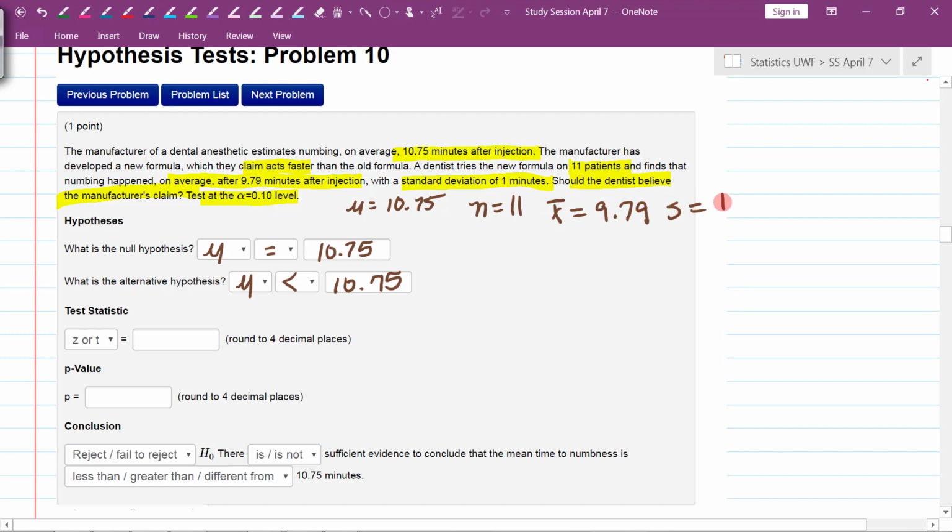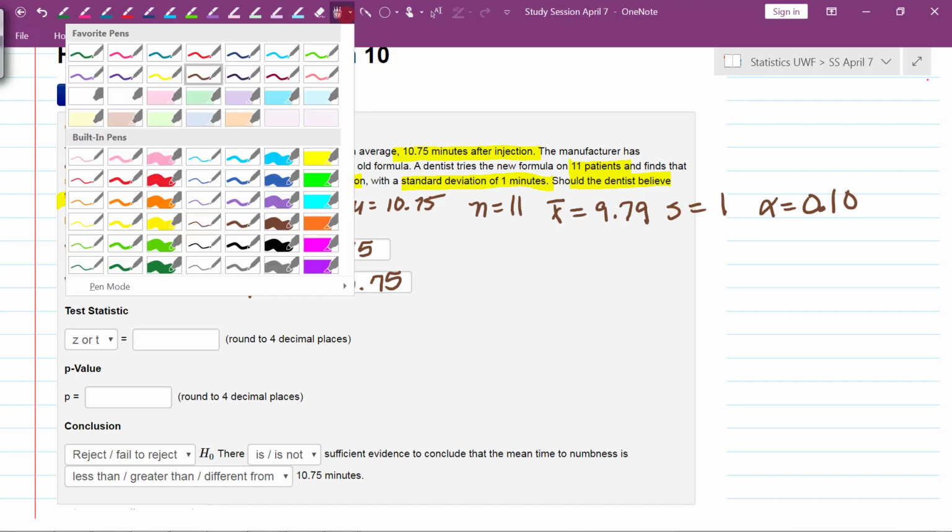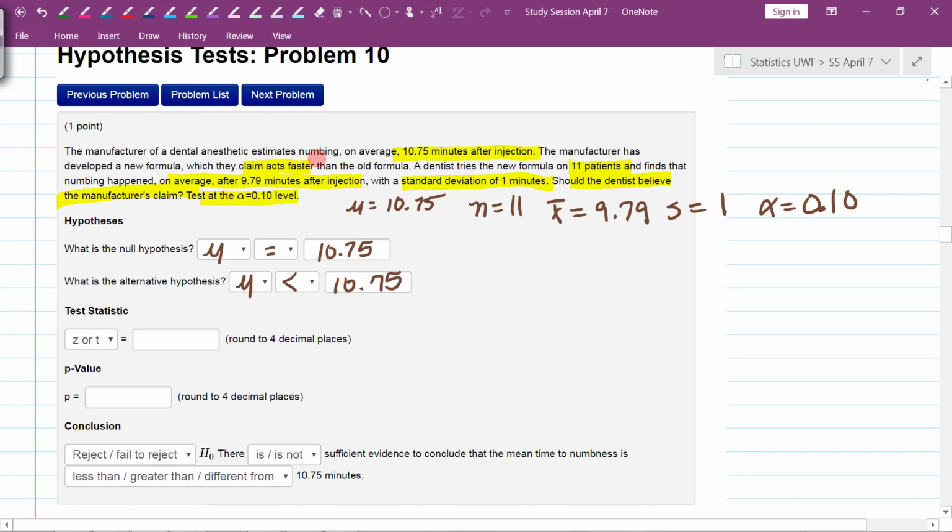S is equal to 1. And alpha is equal to 0.10. So I have an S because I have a sample standard deviation, and so I'm going to be on a t-test. And that's all right there as far as I got.